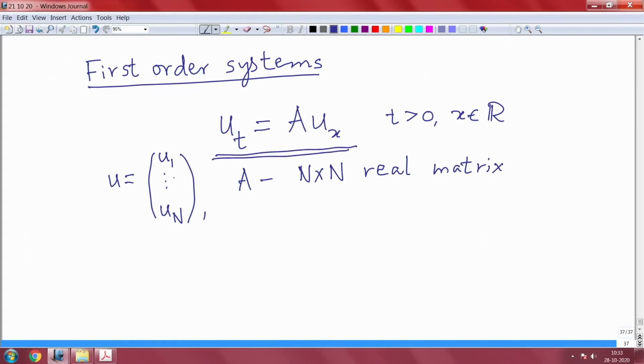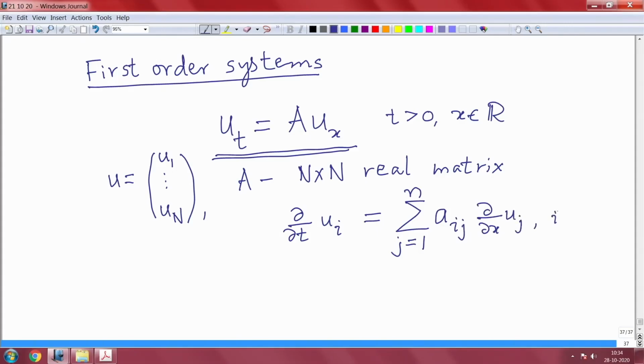If you write component wise, then it is d by dt of ui is equal to summation j equal to 1 to n, aij d by dx of uj.